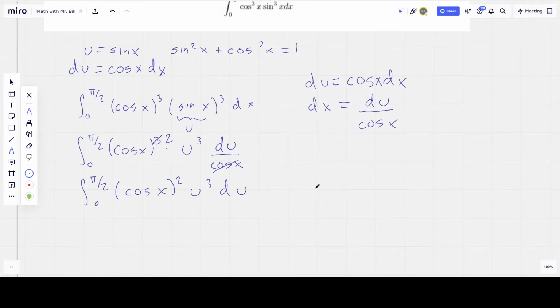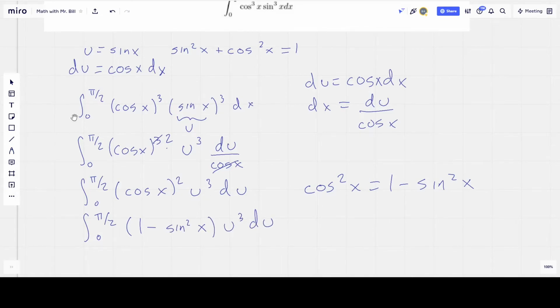So taking that Pythagorean identity and solving it for cosine squared of x, I get cosine squared of x equals 1 minus sine squared of x. And so now I can plug that in. I can replace that cosine squared of x with 1 minus sine squared of x, times u cubed du.